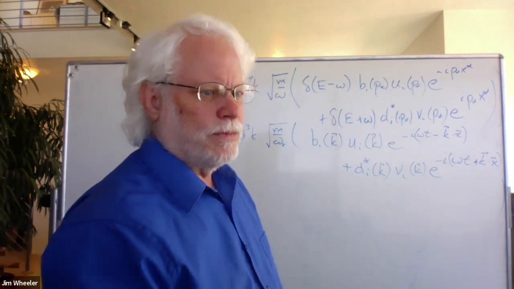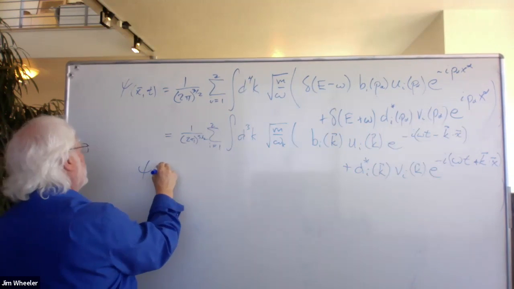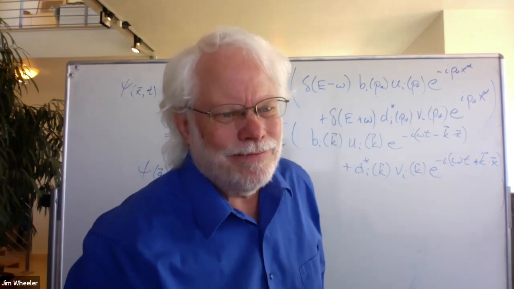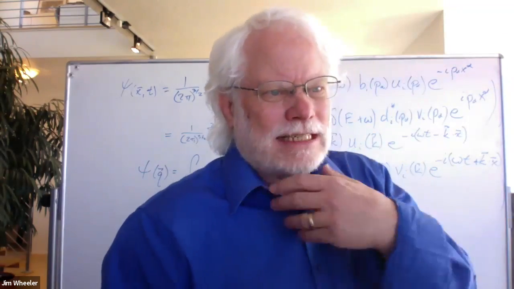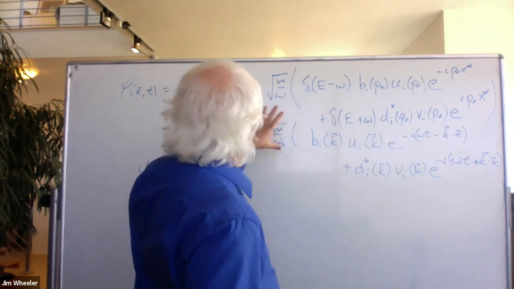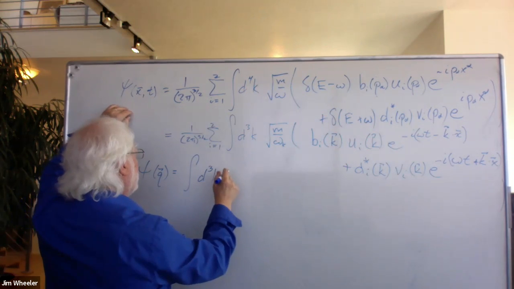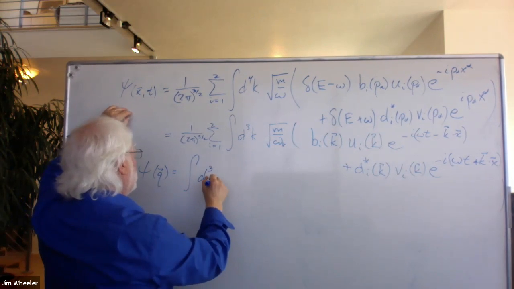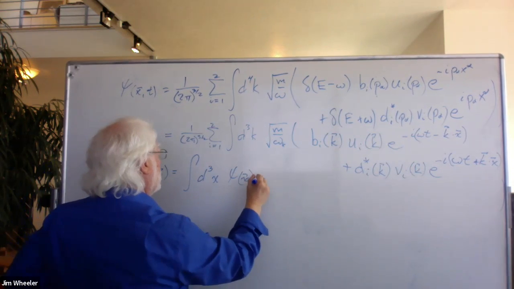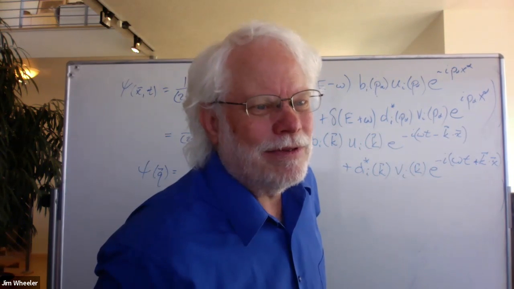And then we want to find psi of q by taking, at time 0, the Fourier transform of the spatial wave function. So we're going to take d3x, then psi of x, e to the, I think it's now, I always have to check.